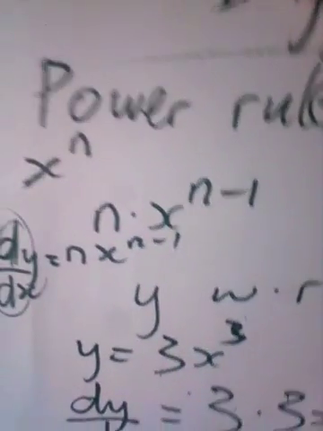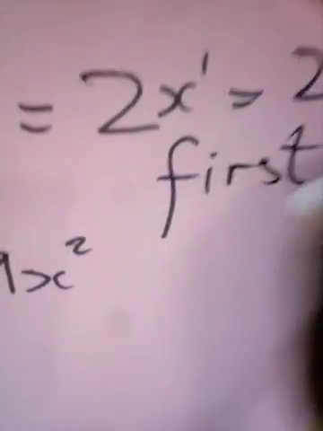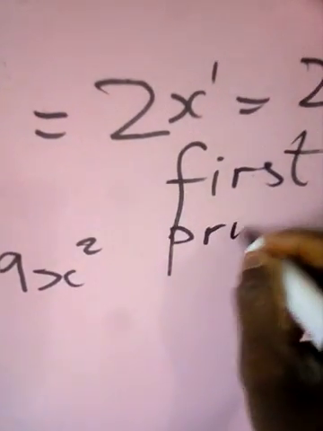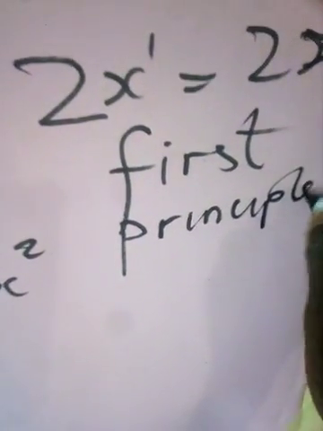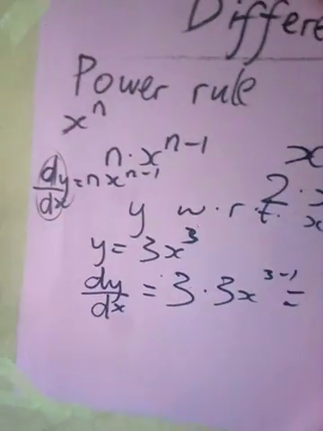Now another long form of differentiation that will still give you the same answer as the power rule is what is known as first principle. So in the next video, I will be talking about differentiation using first principle. But for now, I want us to focus basically on the power rule. So this is the basic thing the power rule is telling us.